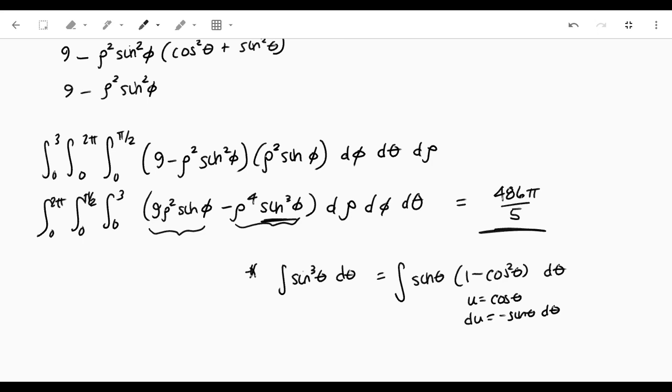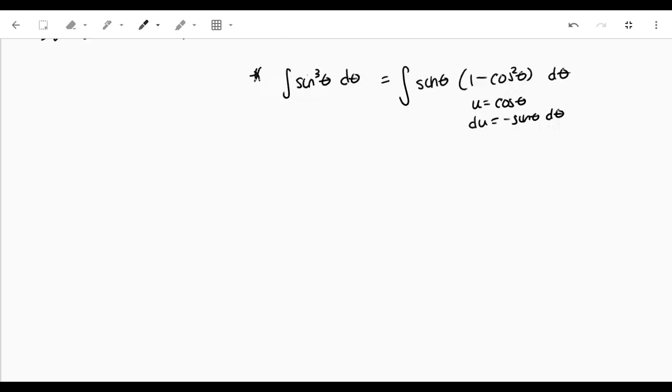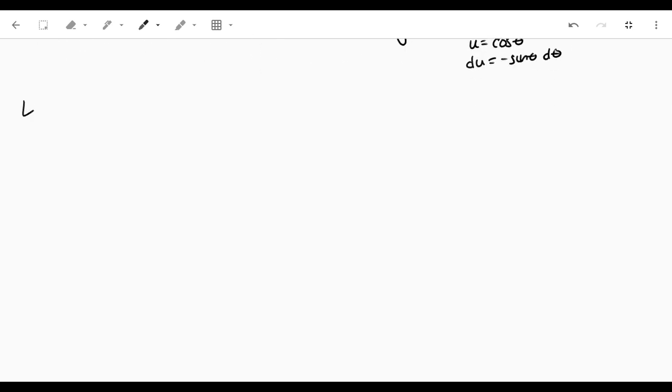Okay, one last little one here that comes up, and we saw it when we did the cylindrical. This is exercise 32. I guess this one's a little tricky.